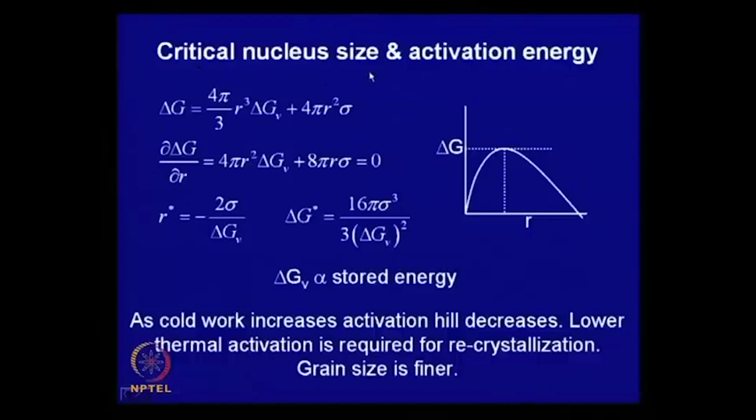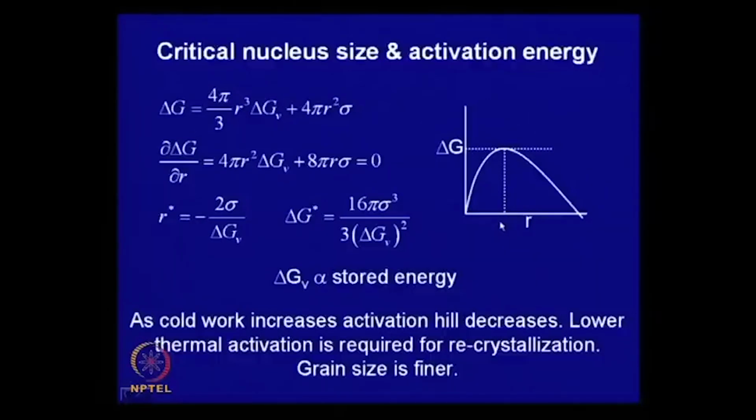So, the critical nucleus size and the activation energy: this is the total energy, and you differentiate it, equate it to 0. Here I think sigma represents the surface energy, and this is the critical nucleus size. In fact, this is negative, so this will be positive, the critical nucleus size is positive, and this is the activation hill, which is shown in this diagram. This is the delta G plotted against R. This is the activation hill, and this is the critical nucleus size.